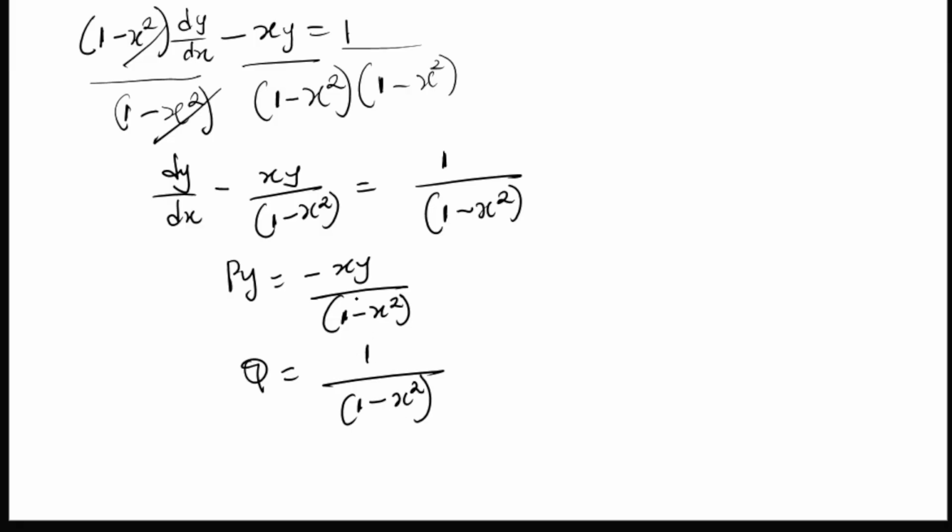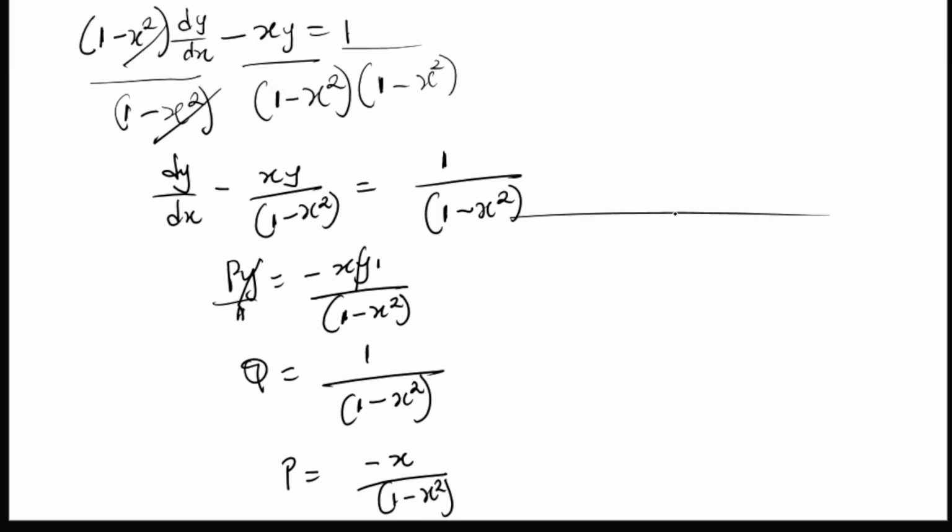Our interest is to get P and not Py. So what you simply do is cancel out y here, and you are left with 1 here. So you simply have minus x times 1, which is minus x. And you are left with P to be equal to minus x divided by 1 minus x square. Are we together?